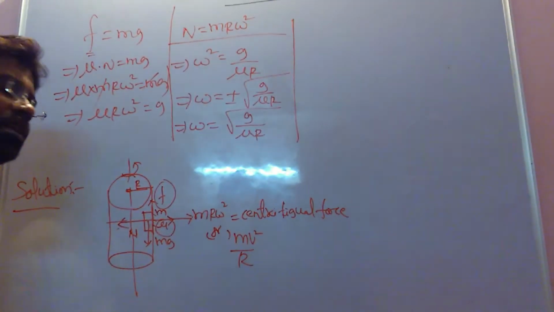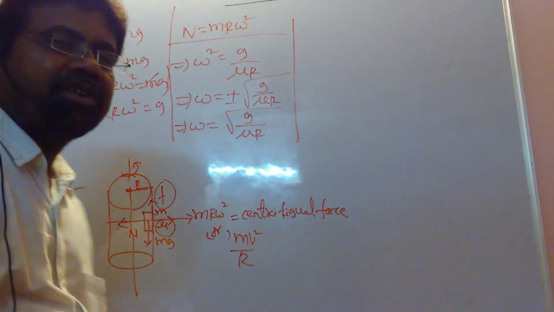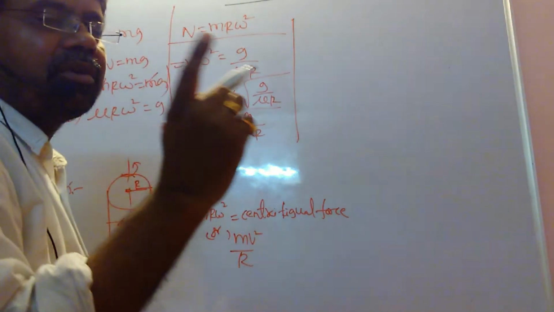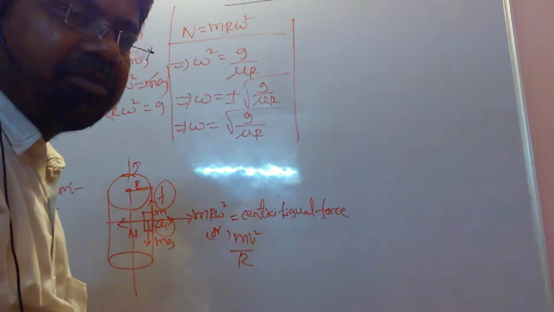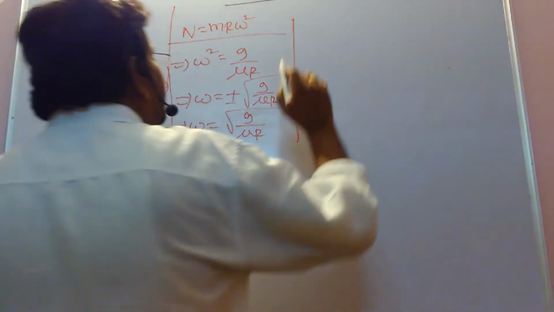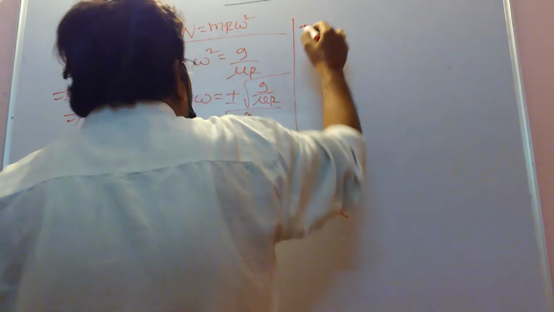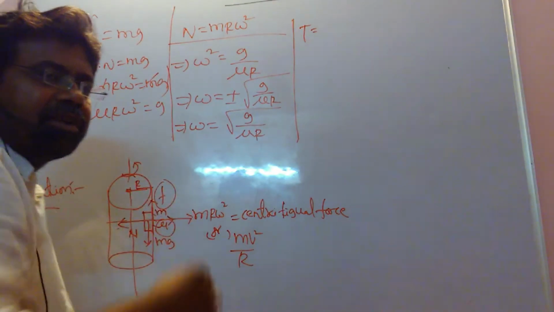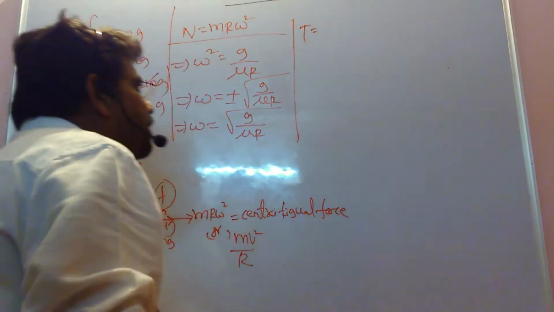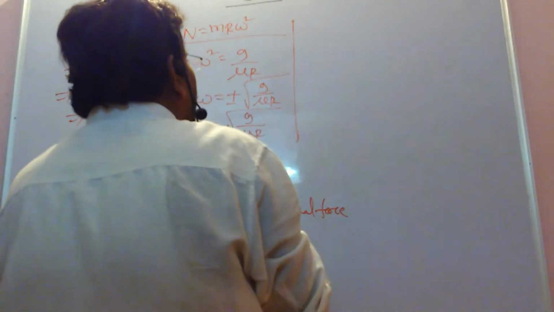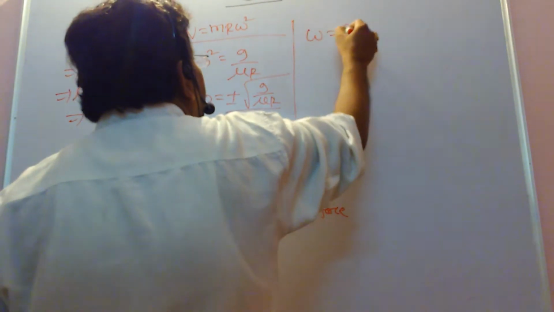Now, what is the formula for time period? What is the definition of time period? The time taken to complete one revolution is called the time period. In one revolution, how much angle is completed? Generally, angular velocity omega equals theta by t.